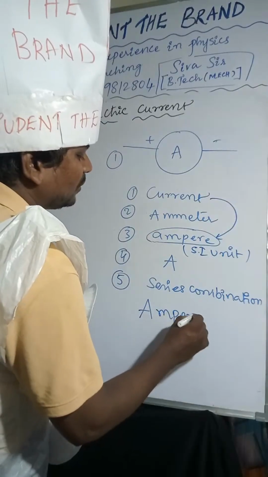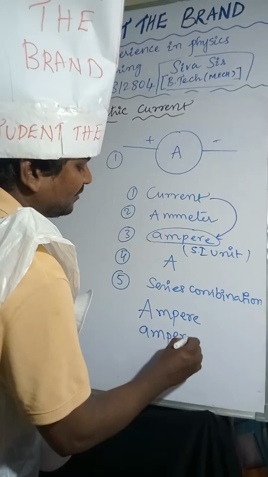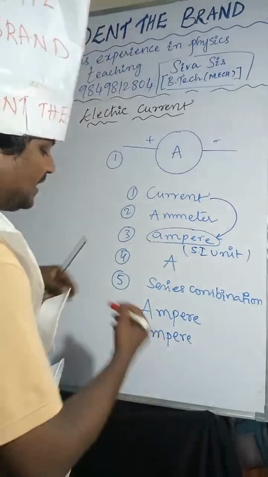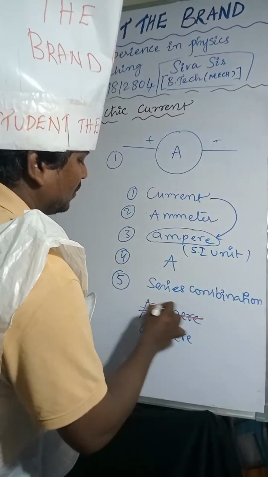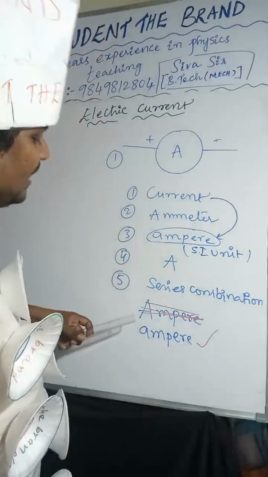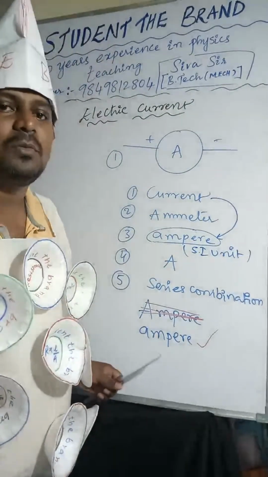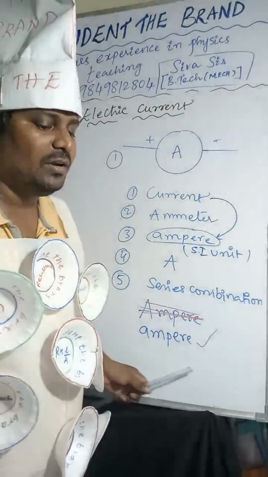This is absolutely wrong. Only follow this: ampere must be written in all small letters.